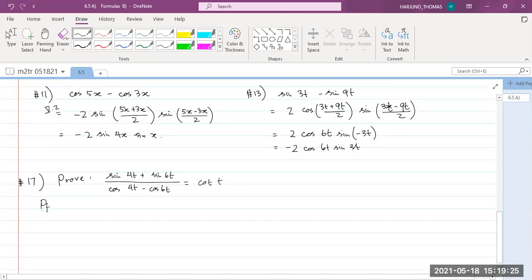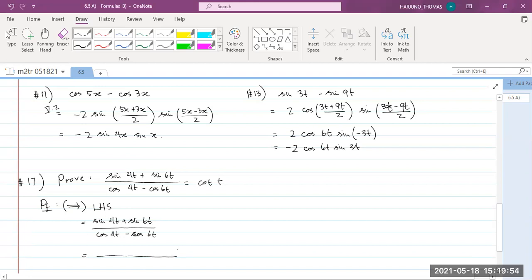I will start from the left-hand side. Equals sine 4t plus sine 6t over cosine 4t minus cosine 6t. Don't do any computation here. Now I will use the formulas I know.